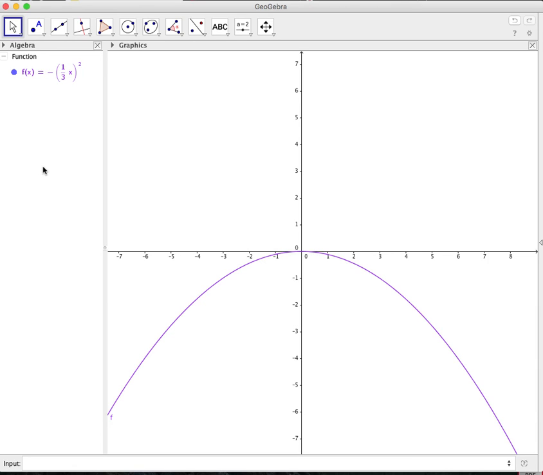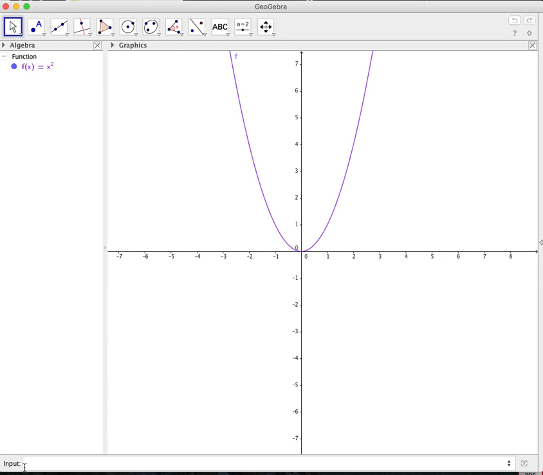and explore and play around a bit and see what happens. Let's do one last one. Let's just keep our x squared, and let's try something else. Let's try x to the 4th.